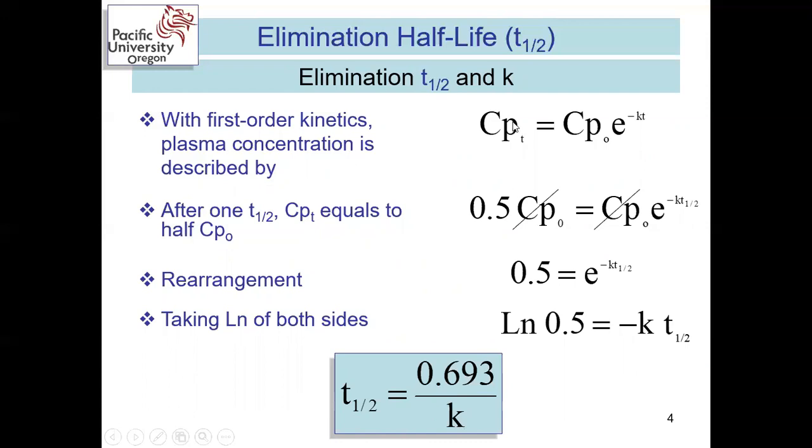And we derived this equation from the equation that describes the elimination process. At T-half, the concentration at that time is half of the initial plasma concentration. If we follow this process, you will end up with this equation. At least I do expect you to be familiar with this equation.